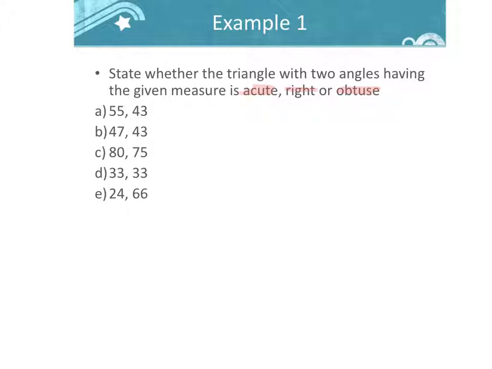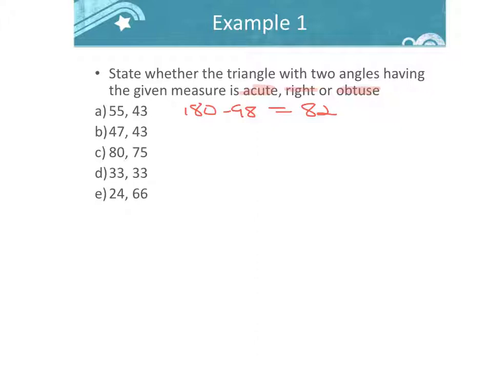Isabella? If you add them together and then you subtract them by 180. Good. We need to find that missing third angle. Okay, so 55 plus 43 gives me 98, and then if I do 180 minus the 98, it leaves me with 82.